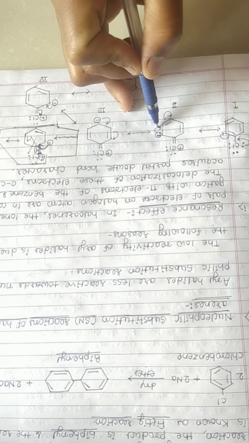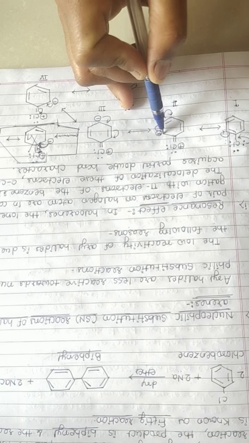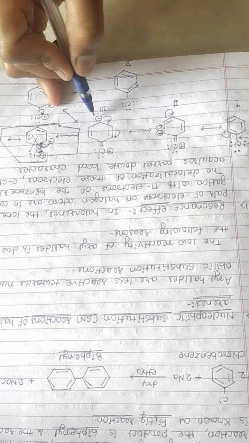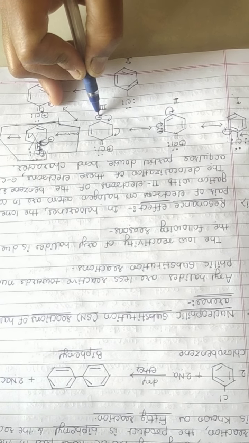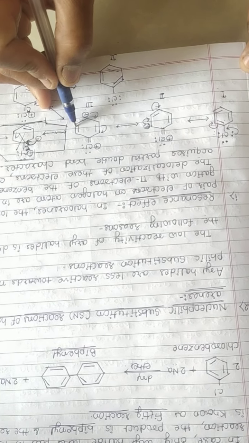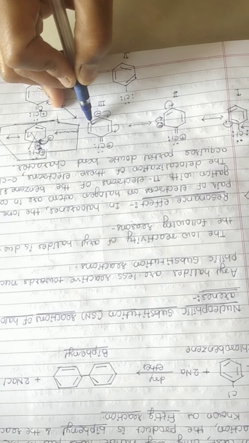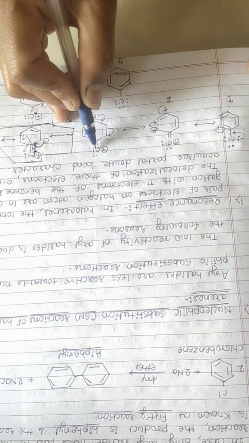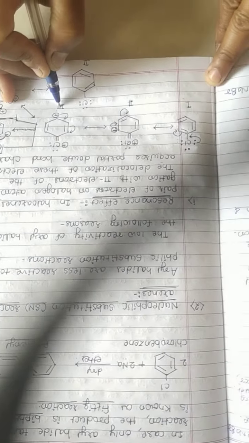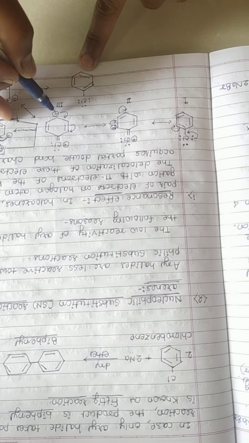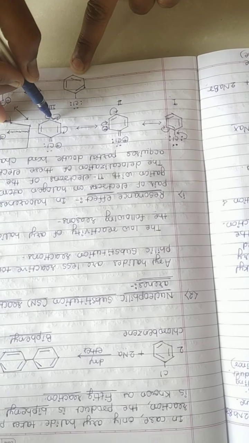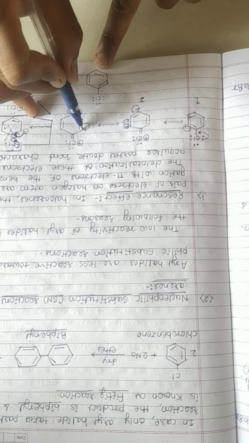These electrons are shifted between these two carbons, and these pi electrons are shifted toward this carbon. Therefore this carbon carries a negative charge, the carbon-chlorine bond carries double bond character, and the positive charge is as it is. This is the third resonating structure. Then this negative charge is transferred between these two carbons, and pi electrons are transferred towards this carbon.